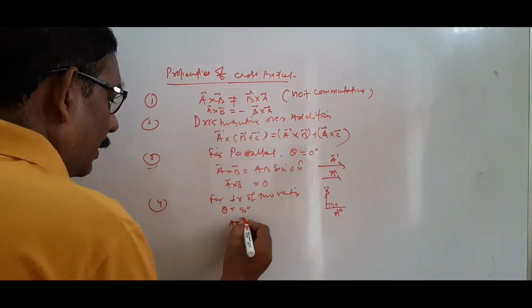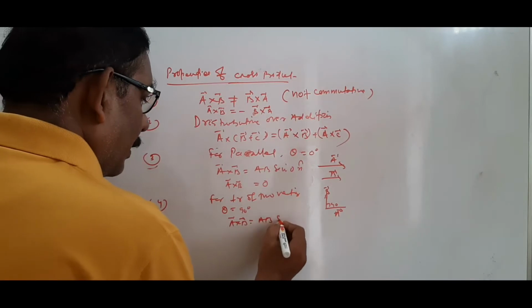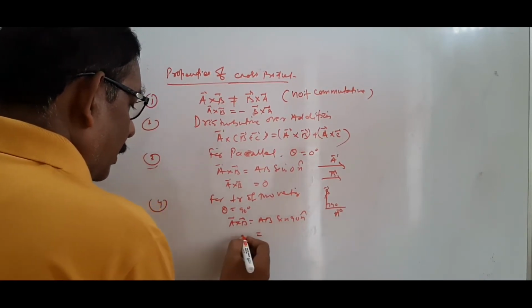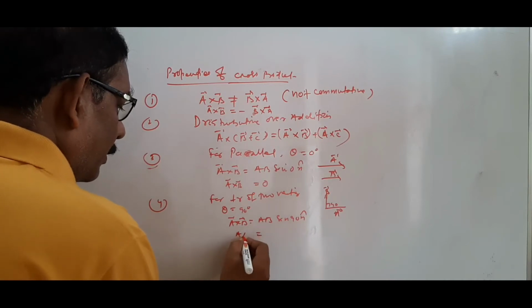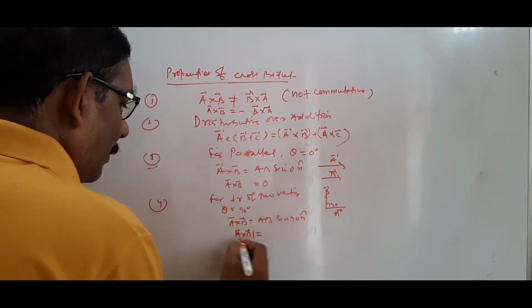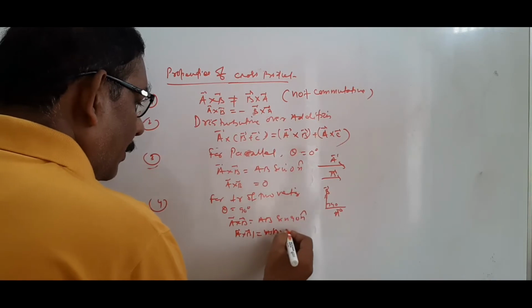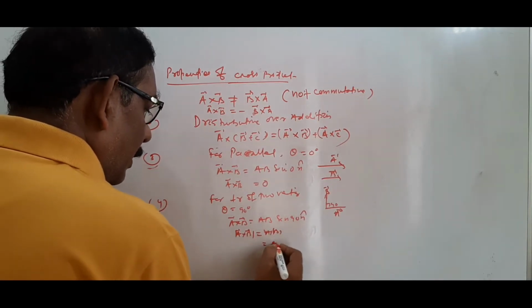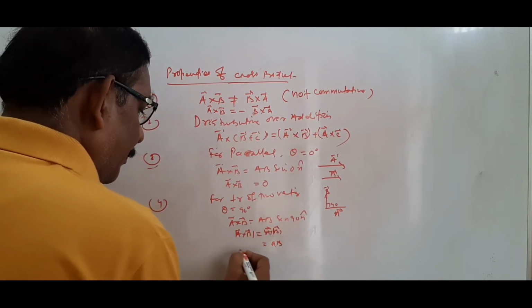So A cross B is equal to AB sin 90 n cap. If you take the modulus, this value becomes modulus A, modulus B, sin 90 is 1, n cap is 1. So it is simply AB.